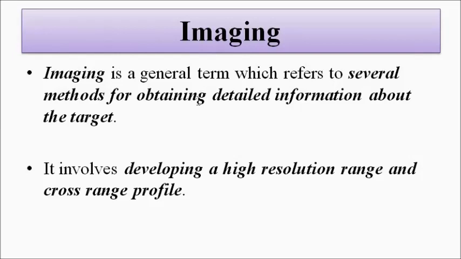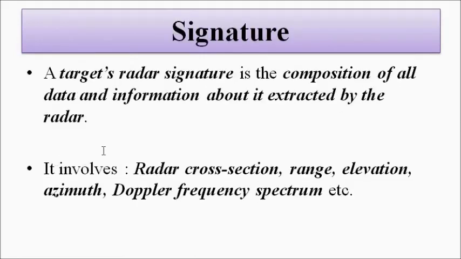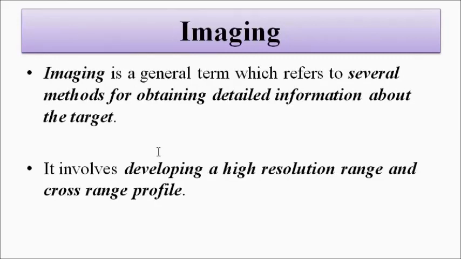Then we have the concept of imaging. Imaging is actually based on resolution, the two types of resolution, that is range resolution and angular resolution. There are several methods by which we can obtain a detailed information profile about the target, and that is possible only when we have a high resolution range and cross range profile.